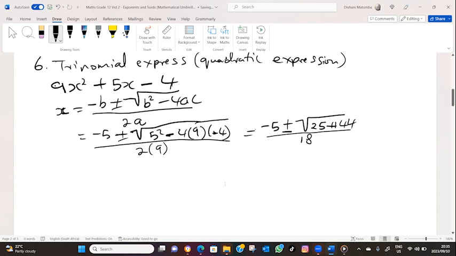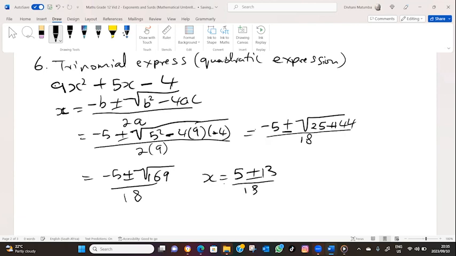Now, this is equal to minus 5 plus or minus the square root of 169 over 18. So x is equal to minus 5 plus or minus 13 over 18.